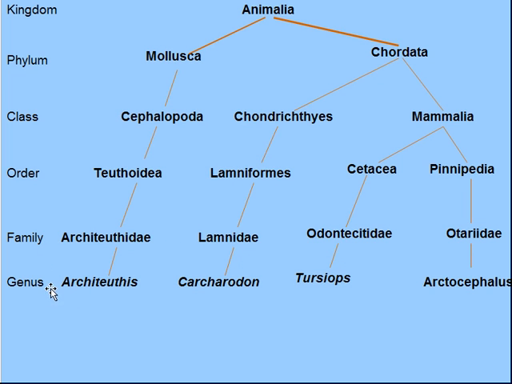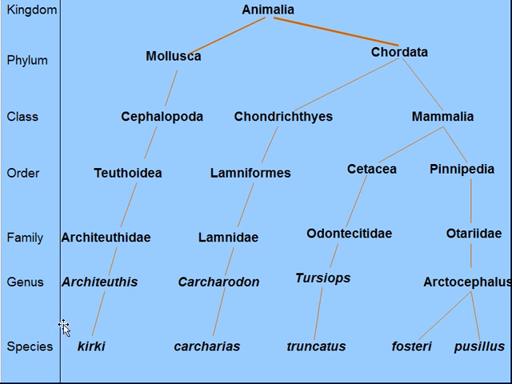But then you've got the species. Something becomes a species when it can only breed with other members of that grouping, that population, and produce viable offspring that can breed as well.